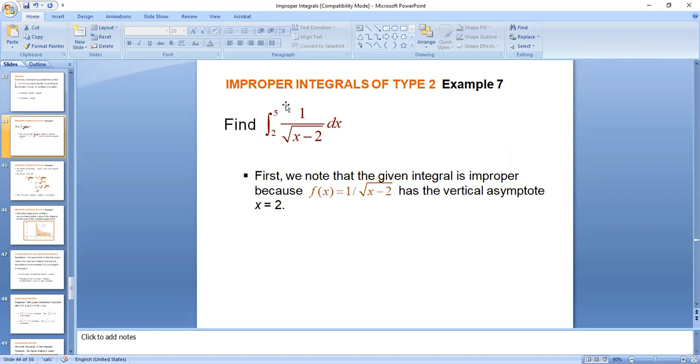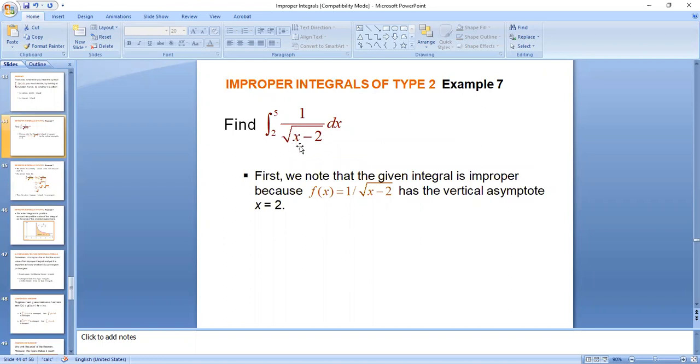Okay. This is still under type 2 because none of our limits of integration is infinite. However, class, you always need to ask yourself what would make your integrand, the function being integrated, non-existing. If you substitute 2 in here, you will have 0.